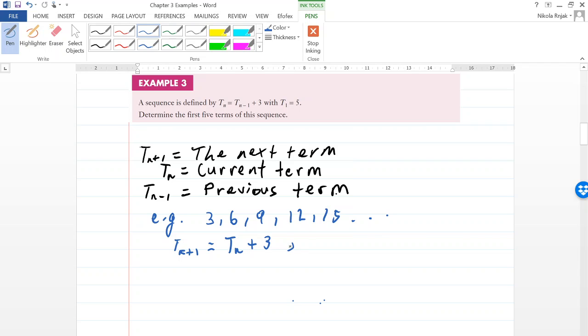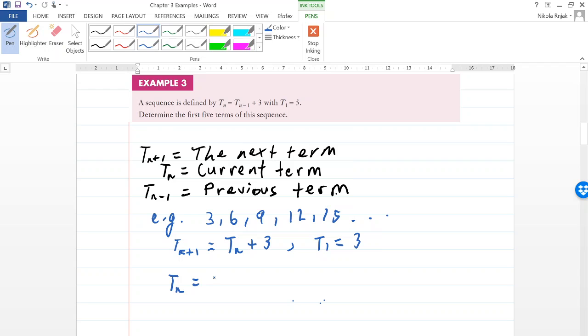And then we generally also put what the starting term is. So t1 equals 3. That's one way of writing this. But sometimes you'll see it written differently. Sometimes they write it like this: t of n equals the previous term plus 3.